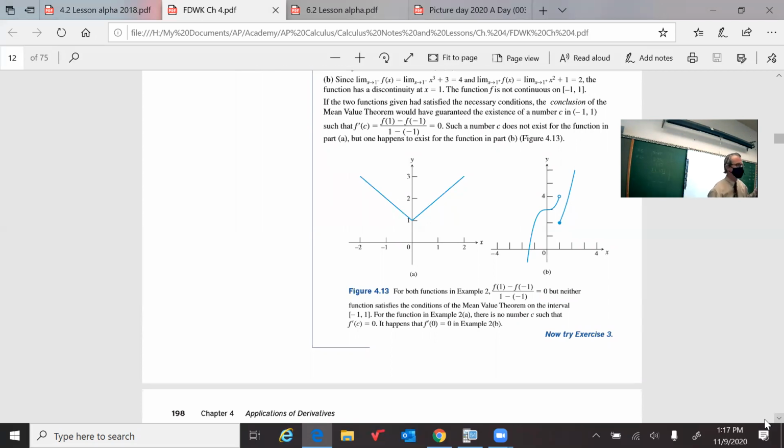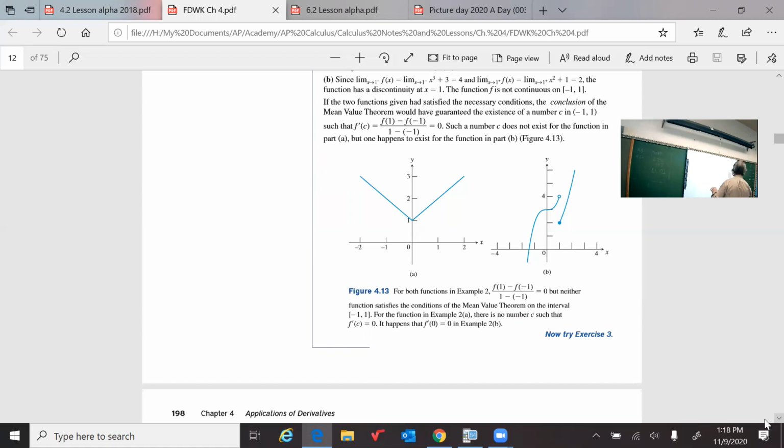The image is y take away 1 equals the absolute value of x. But from the beginning of chapter 3, this is not differentiable when x is 0, because the slope from the left, -1, is not equal to the slope from the right, +1. You have a corner there. You're not responsible for that vocabulary word, but it's not differentiable when x is 0.